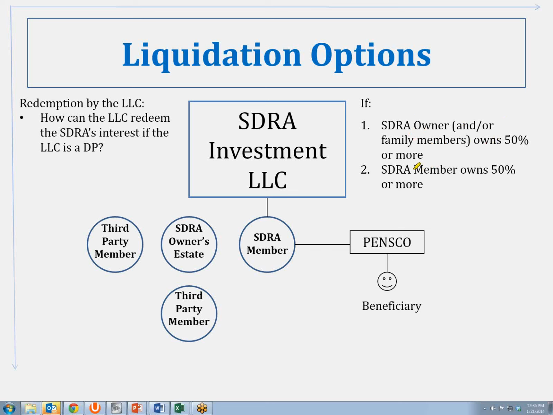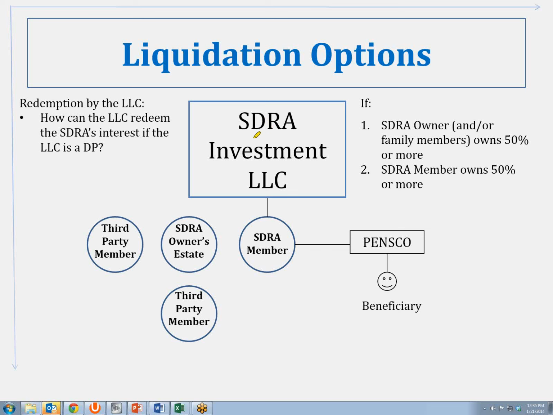If the account's owner is a 50% owner or more and their estate is, then this is a potentially disqualified person, the LLC is, or there's that theory that the retirement account itself can make its own holdings a disqualified person with respect to itself.